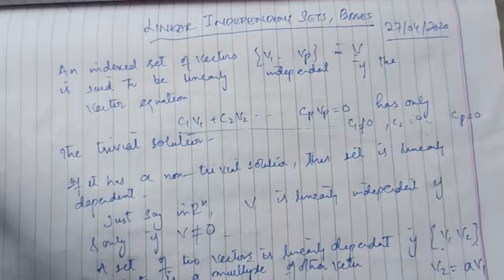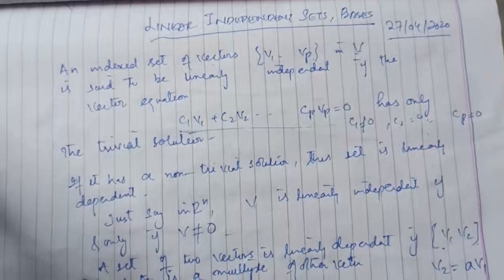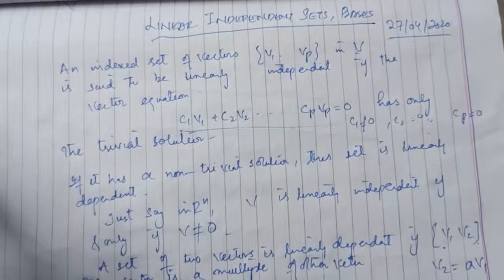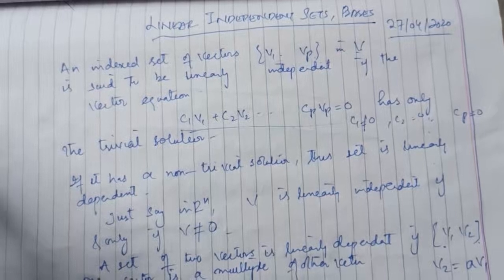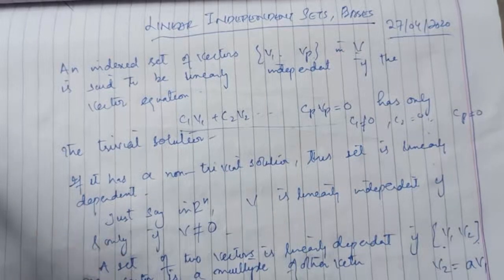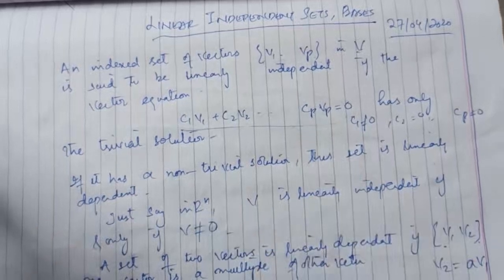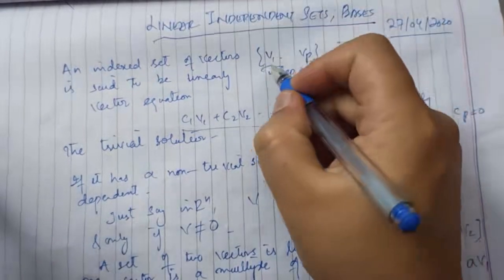Now if any one of them is non-zero, the resultant is actually a linearly dependent set. So any of the variables c1, c2, up to cp, any variable which has a non-zero value when solving the above equation will lead to a linearly dependent set from v1 to vp.